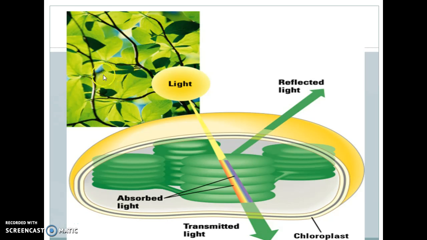So here are the leaves, and then this photo right here is the leaf itself, and it's giving you a visual of how the leaf absorbs the light, and then it's transmitted out. When it's reflected out, it has a beautiful green color.